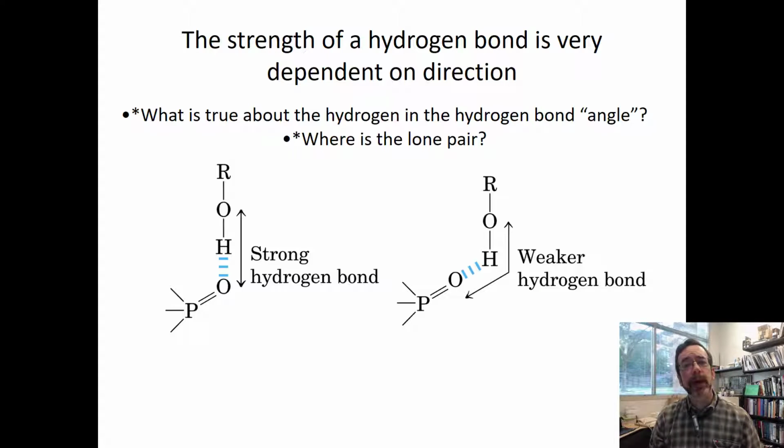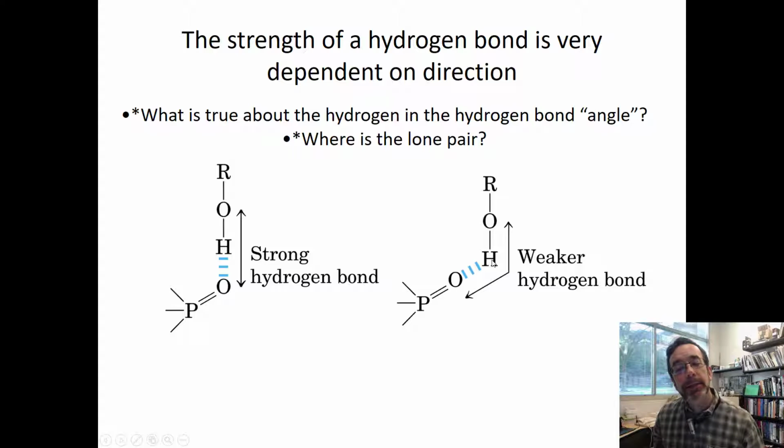So the strength of a hydrogen bond is very dependent on the direction of the three atoms forming the hydrogen bond. If you look at the hydrogen in the hydrogen bond right here, the hydrogen is directly between the two oxygens. That forms a strong hydrogen bond.